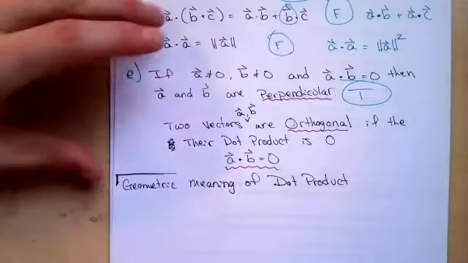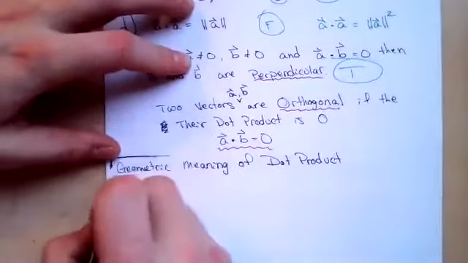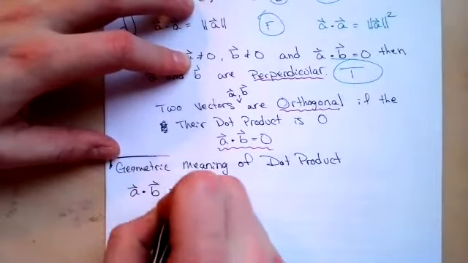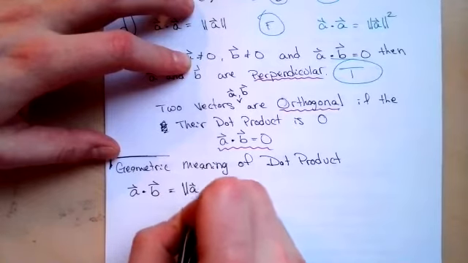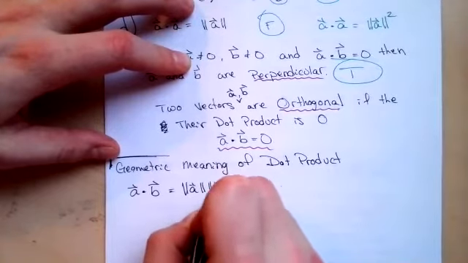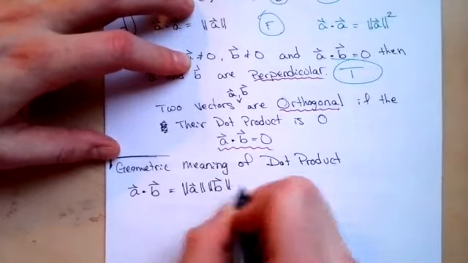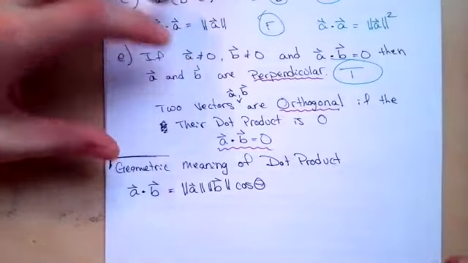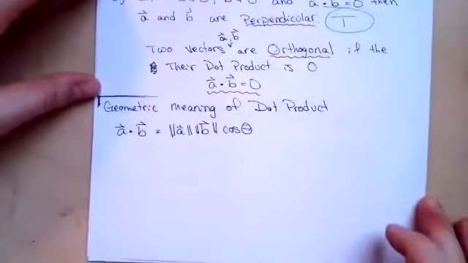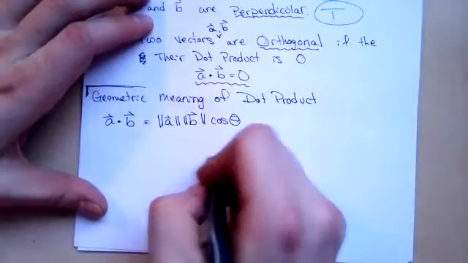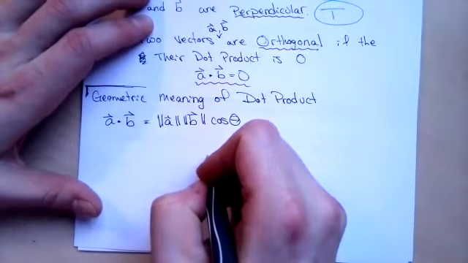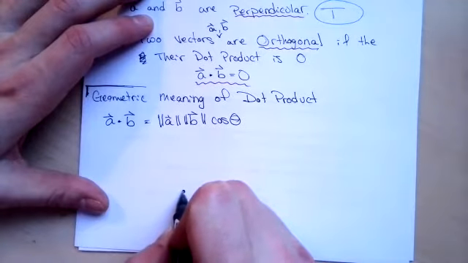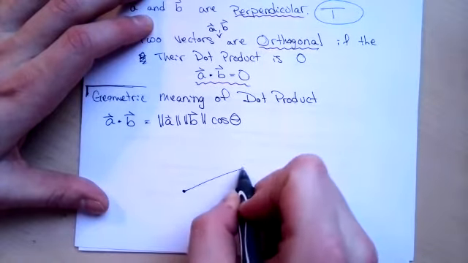What is the dot product going to give us? So if we have two vectors, a dot b, it's going to be norm of a, norm of b, cosine of theta. Let's draw a picture. Let's just draw arbitrary vectors in space here.